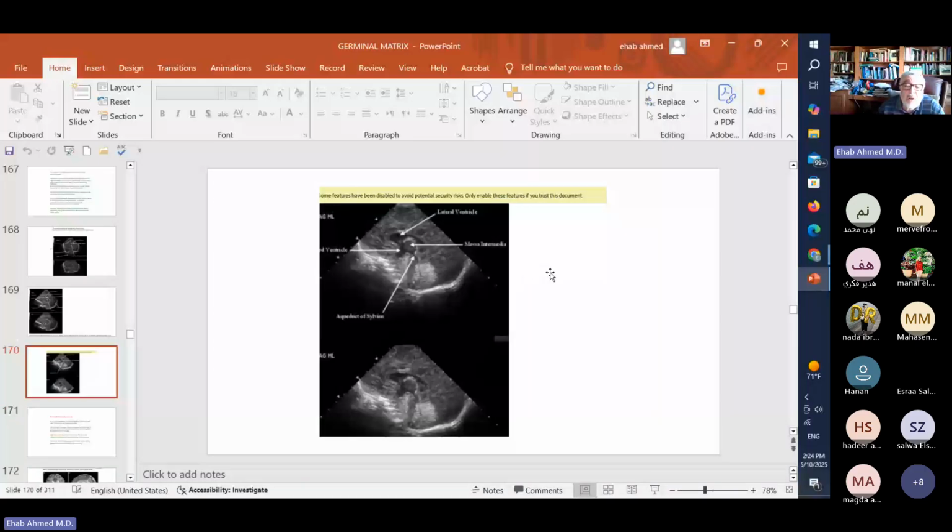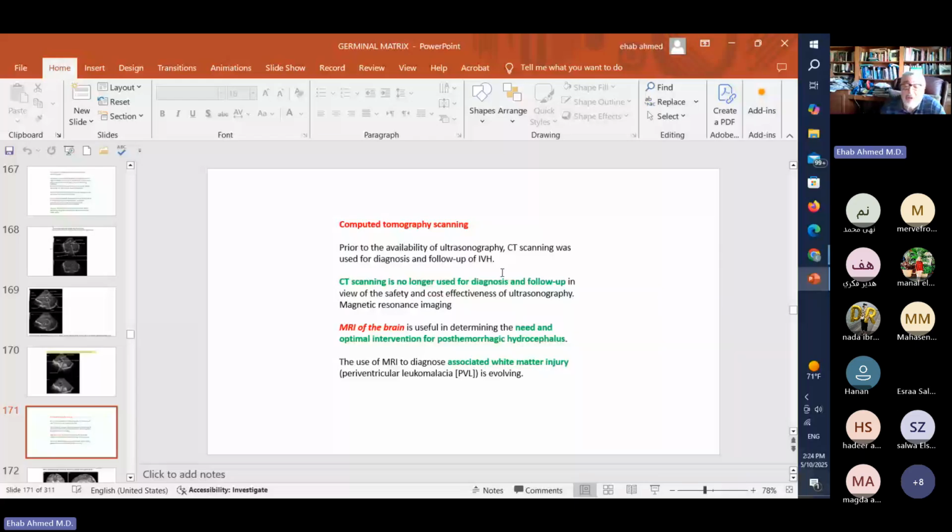Also, CT does not have a role in GM-IVH. MRI, yes, it has a role, but not as early as the ultrasound. It's usually used if you suspect severe GM-IVH or complications, and you cannot do it unless the baby is stable.